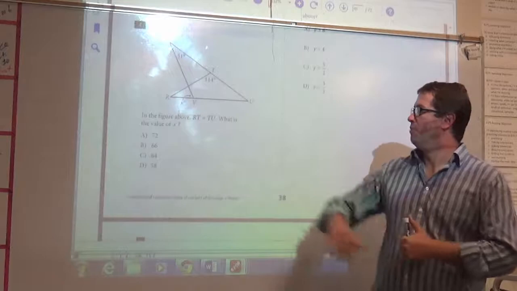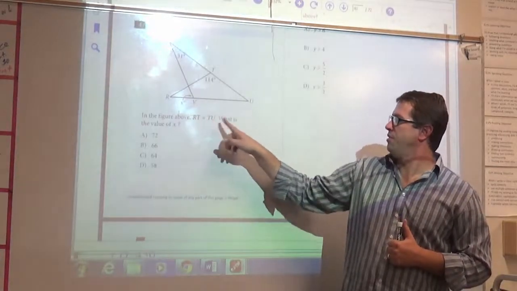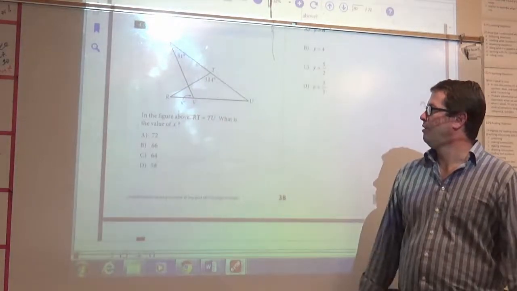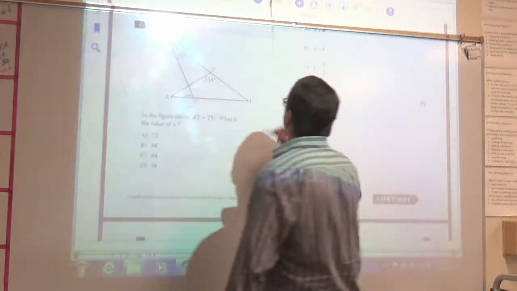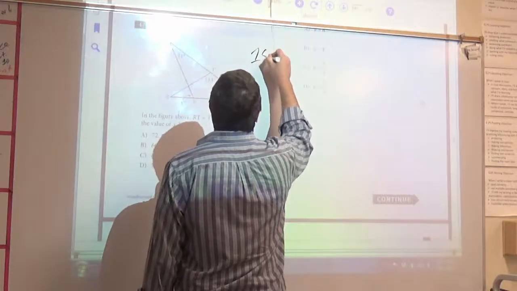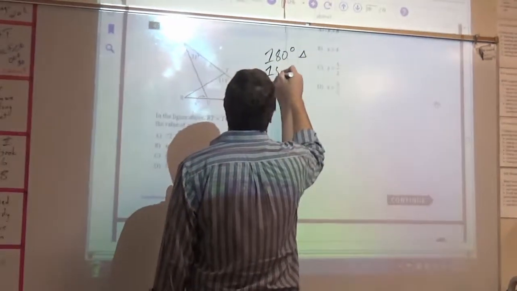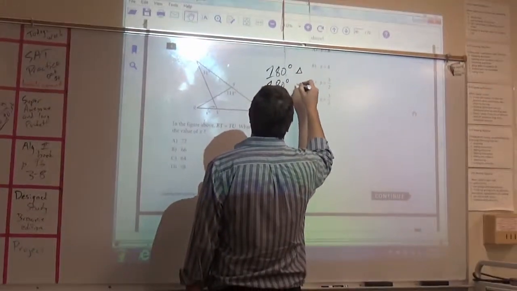All right, so number 4. In the figure above, RT equals TU. What is the value of X? A couple things we need to know on this one. 180 degrees in a triangle. 180 degrees in a line.